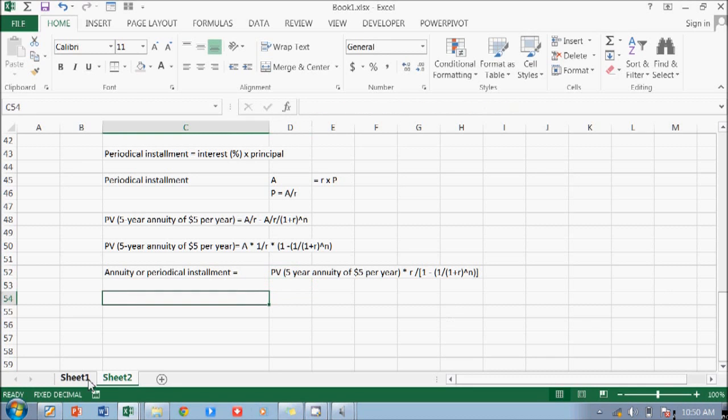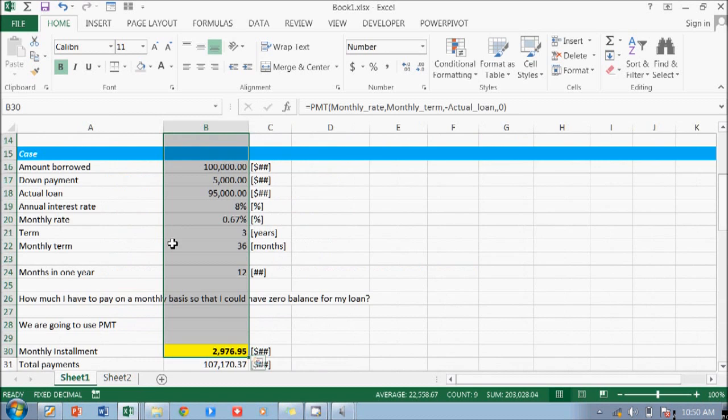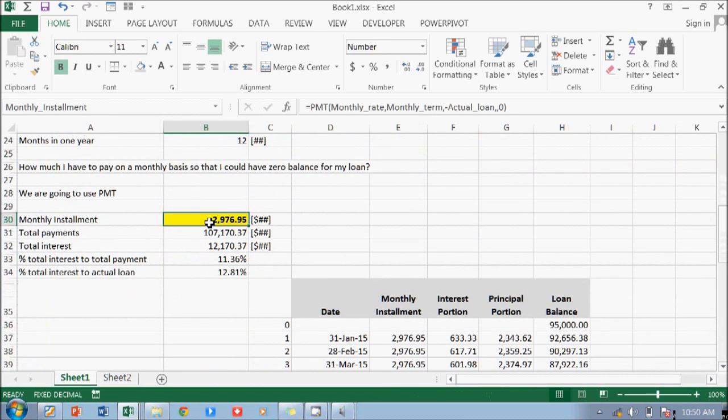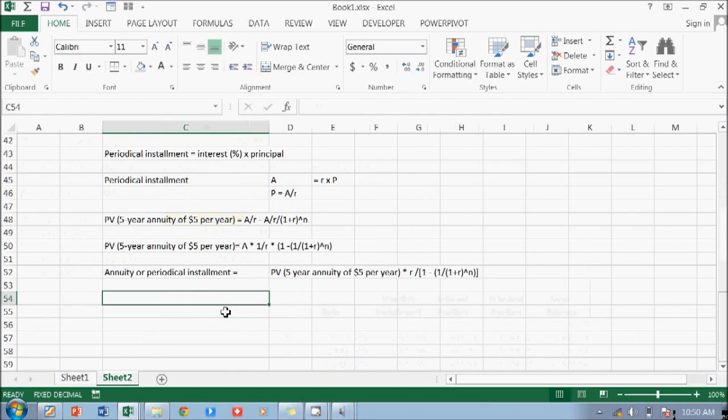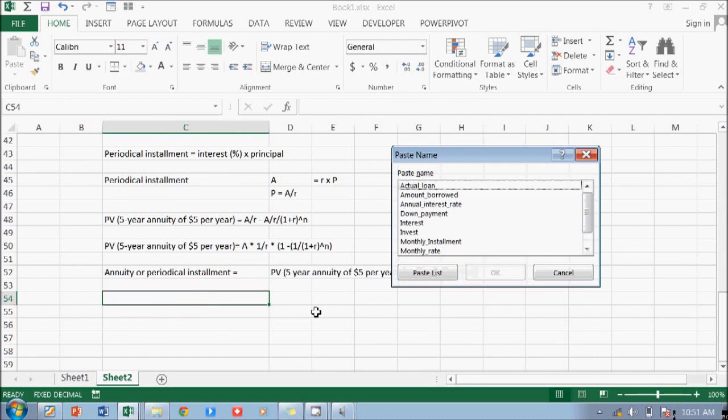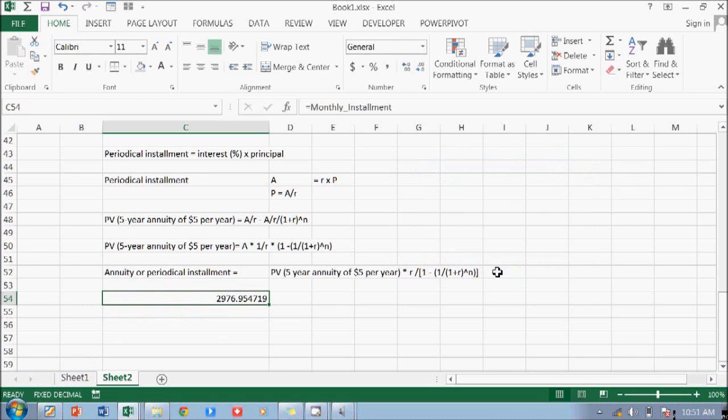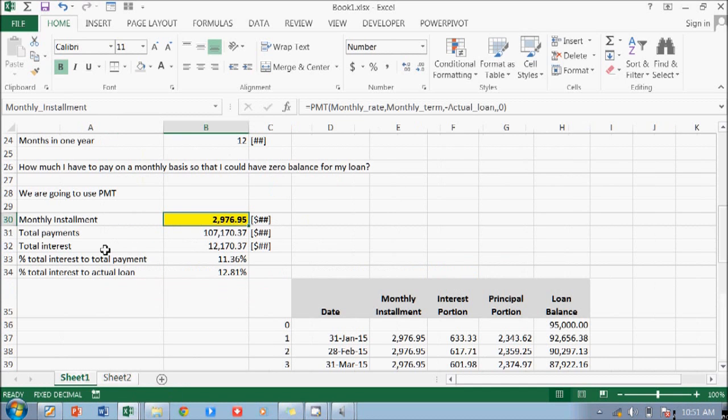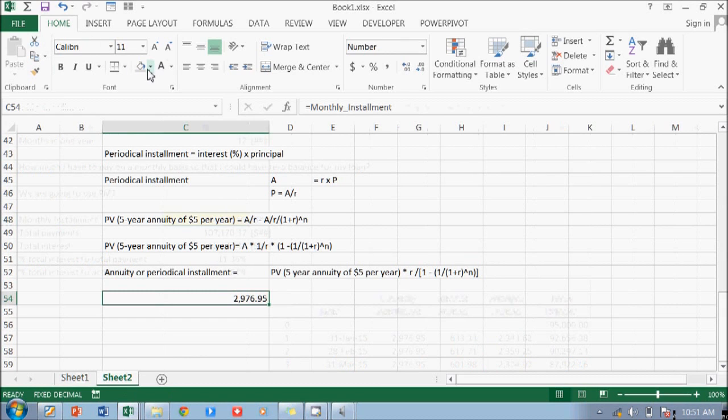Okay, so back to this example. We have 2976. I will prove this formula. We know that the monthly installment, I put F3 here, I guess. Yes, that's the monthly installment, exactly the same as this. I just put it in yellow.